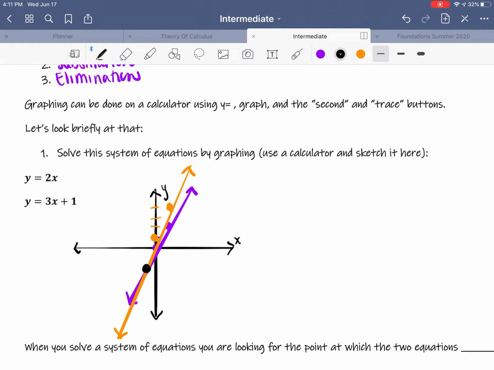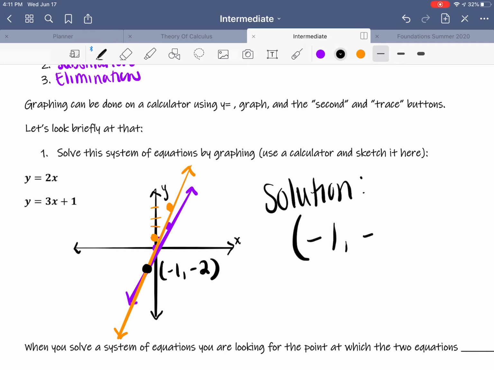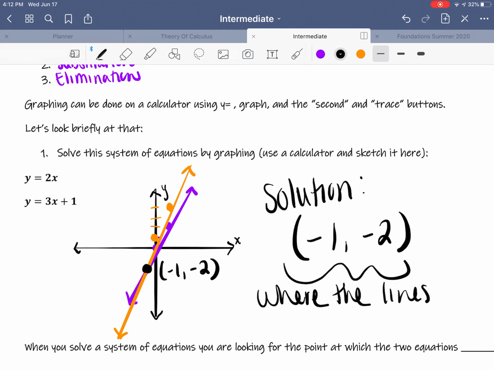That is right here, -1, -2. So the solution to this system is a point, and that point is where the lines intersect.